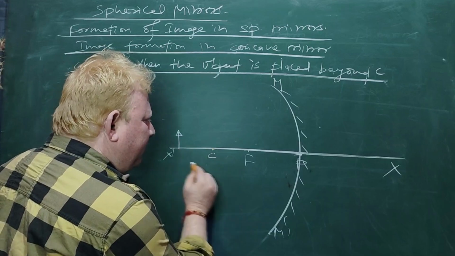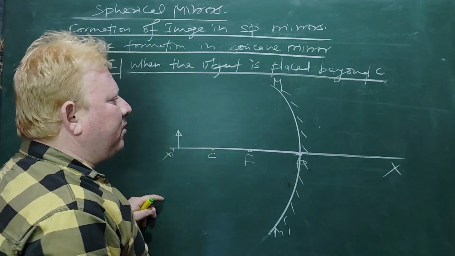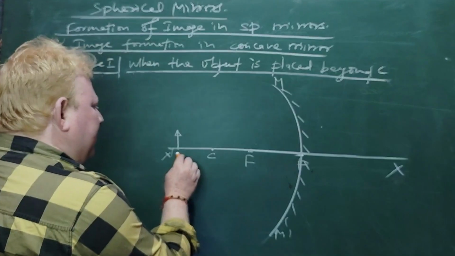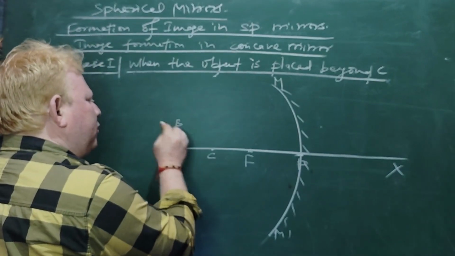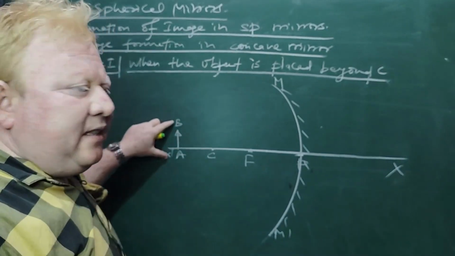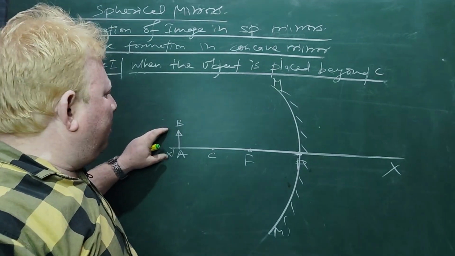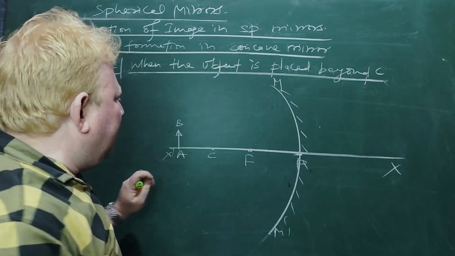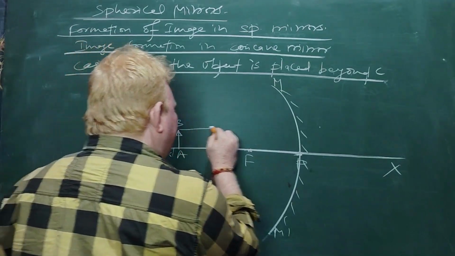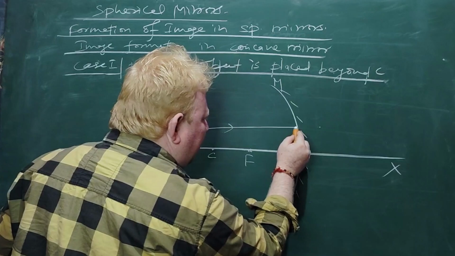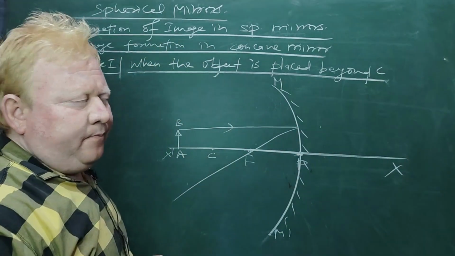This is the center of curvature, you can see, and this is the focus, and this is the pole. And let me assume that AB is the object which is placed beyond center of curvature. Now light ray coming from AB, after reflection, passing through focus.